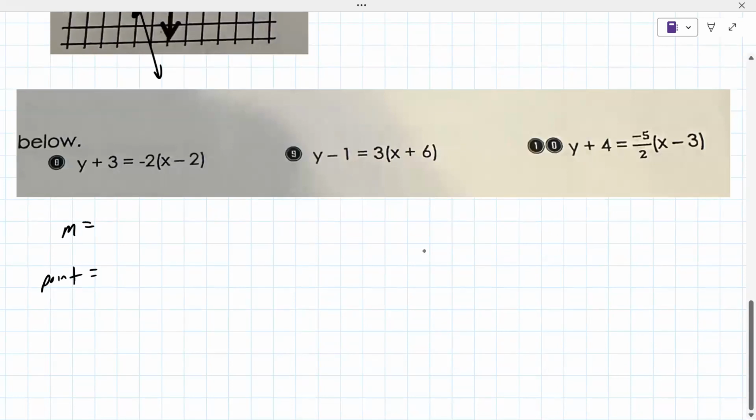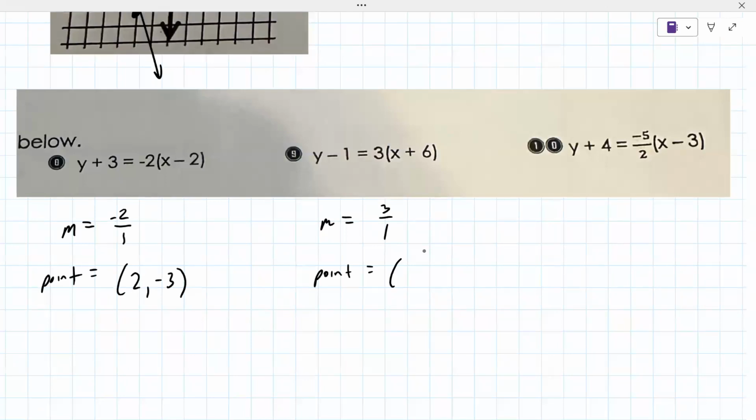Okay, so the slope is -2/1, and the point is 2, -3. Good. The slope is 3/1, and the point is -6, 1. Good.